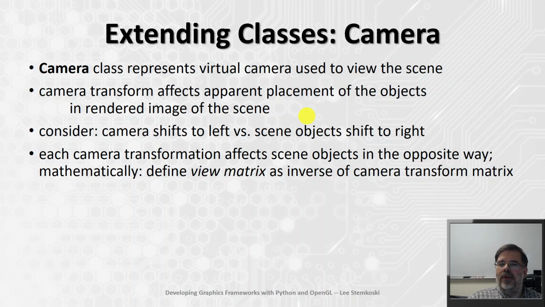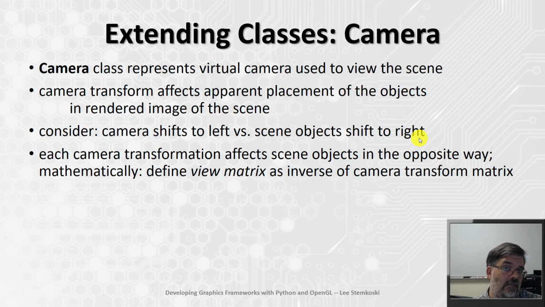But how is that going to work in practice? And so the key here is to consider an example. So consider these two different things which could happen in your rendered image. Imagine you have a camera and you shift the camera to the left, and imagine how that would change the appearance of your scene if you shifted the camera to the left.